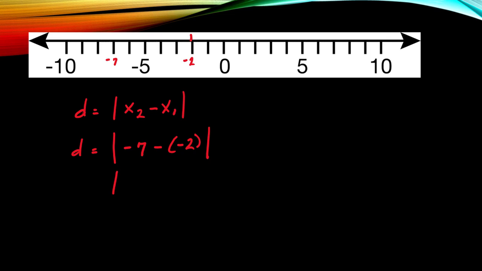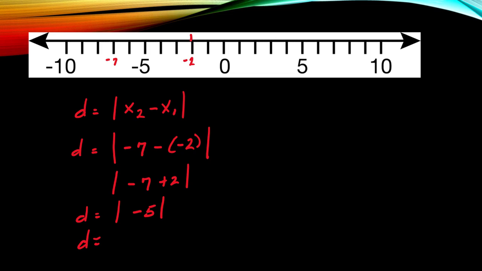That's going to be the absolute value of -7 plus 2. And we just saw that a double negative is a positive. So we get distance equals the absolute value of -5.